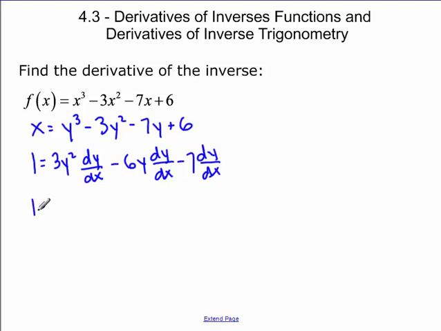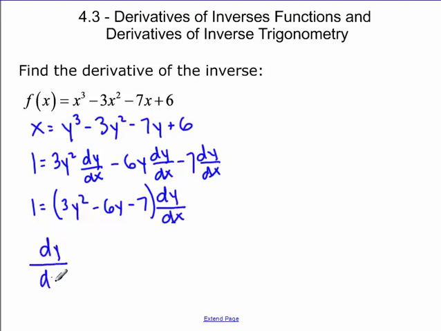Factor out your dy/dx. And then divide. So dy/dx, the derivative of my inverse, is 1 over 3y squared minus 6y minus 7.